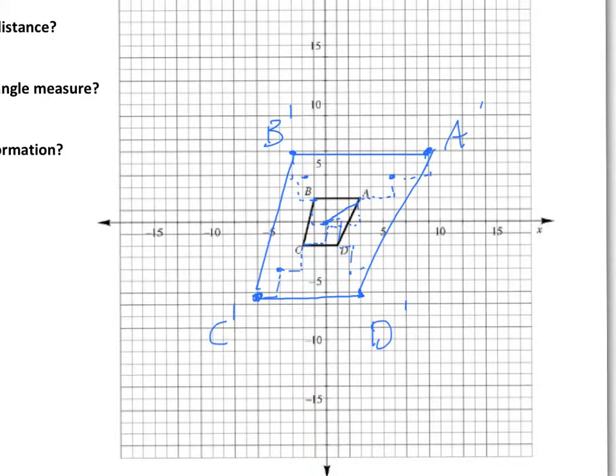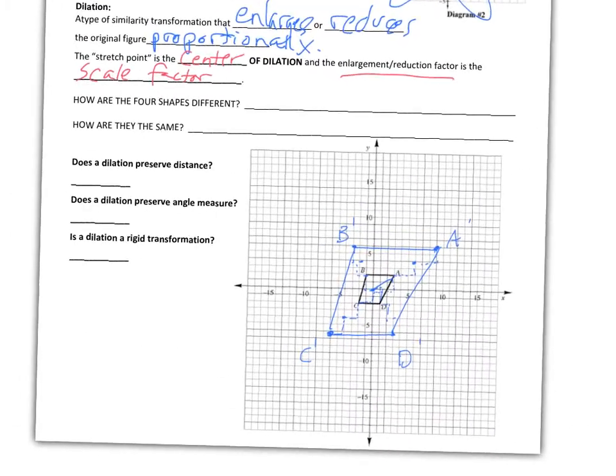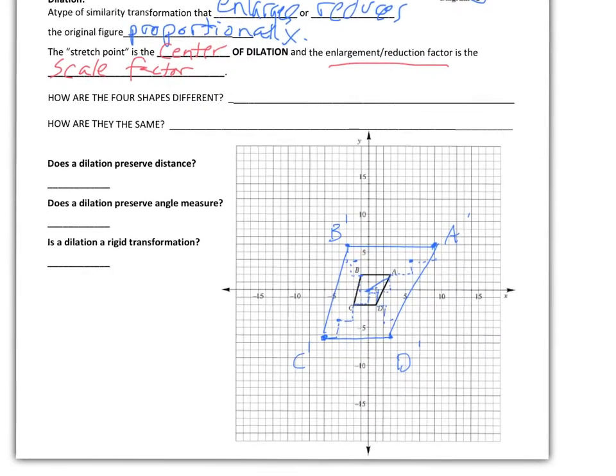These are some of the questions we're going to answer now that we've done that. How are the 4 shapes different? I think that means to say 2 shapes, or maybe the 4 points. But what is different about these 2 shapes? Well, the lengths of the sides are different, aren't they?